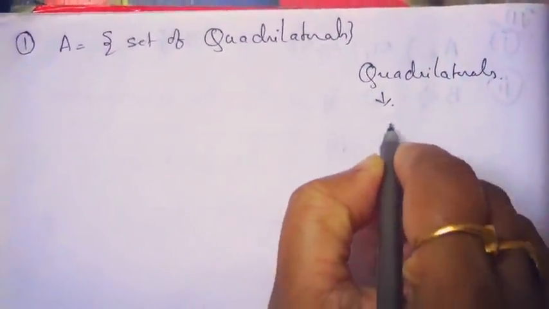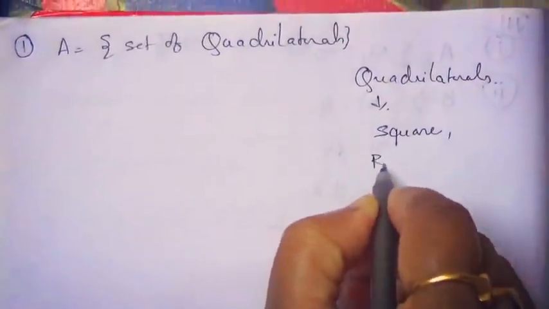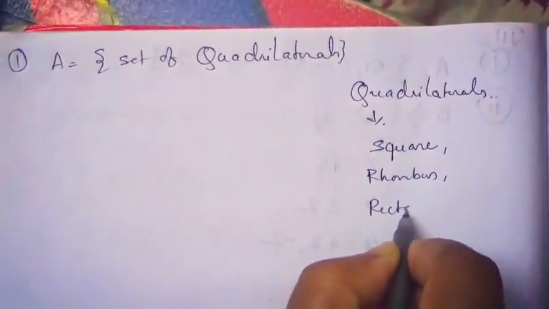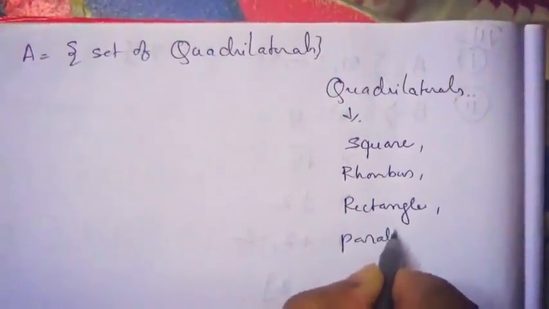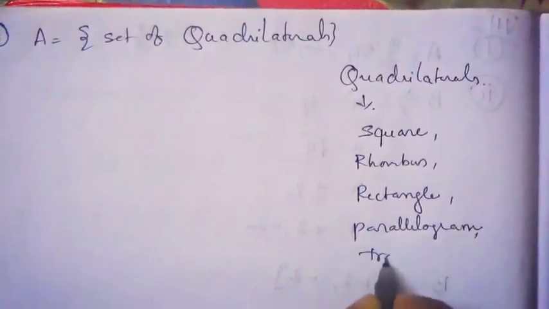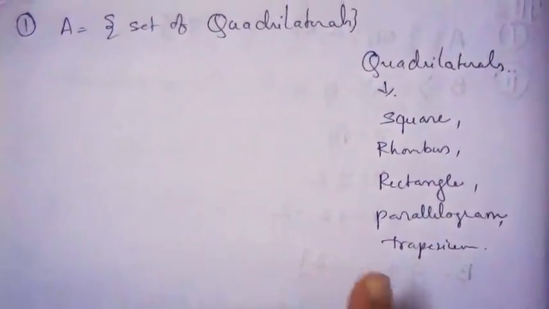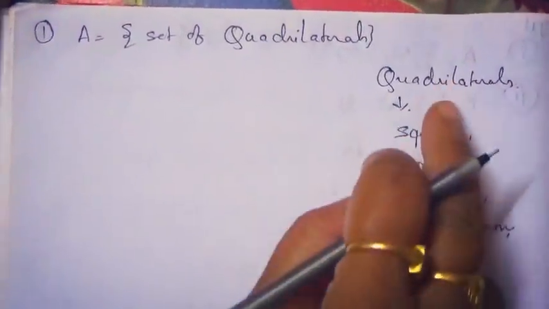That means square, rhombus, rectangle, parallelogram, trapezium. Okay, so these 5 figures are quadrilaterals.